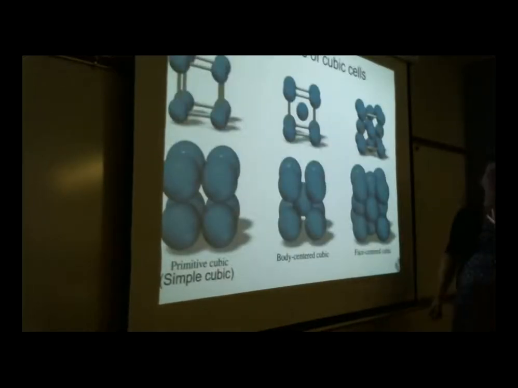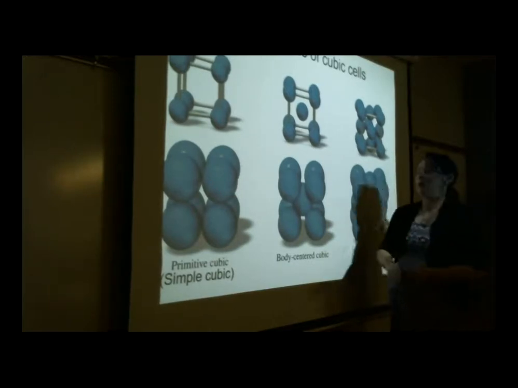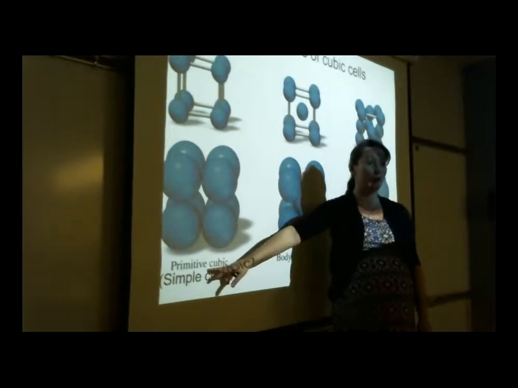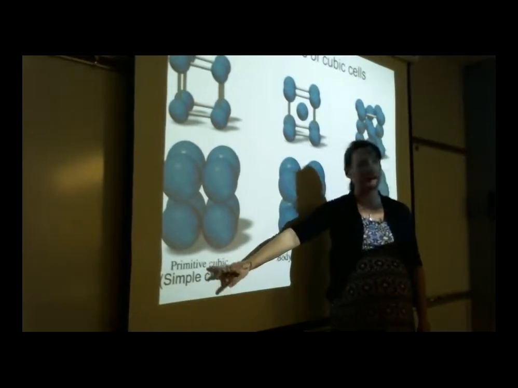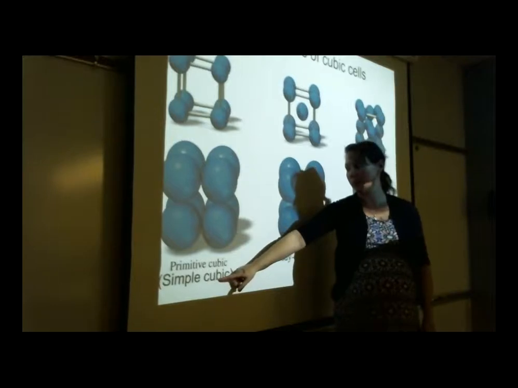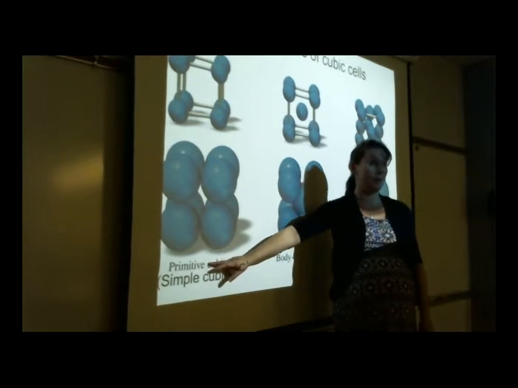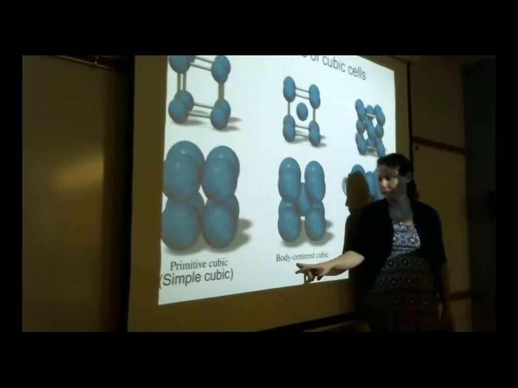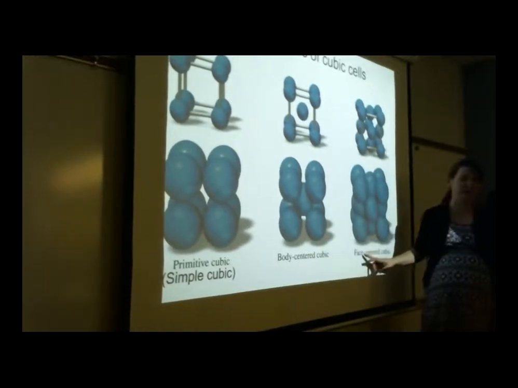There are three types of cubic cells that we're going to look at. We've got what's called the simple cubic. Now, some textbooks call it primitive cubic. It just depends on which textbook you're looking at. Simple cubic is the same thing as primitive cubic. Then body-centered cubic, and face-centered cubic.